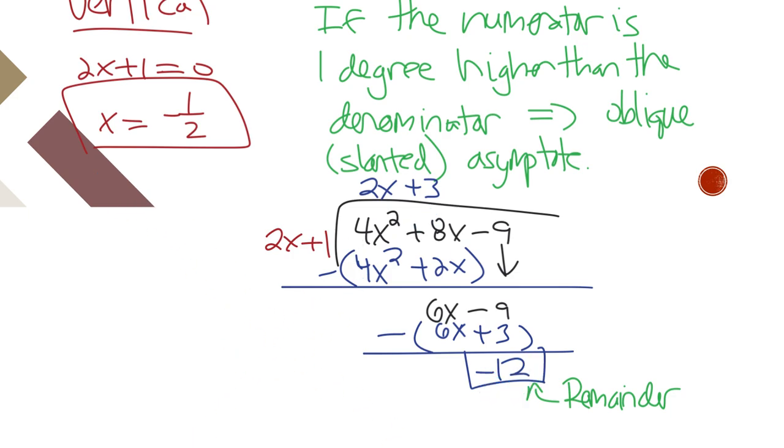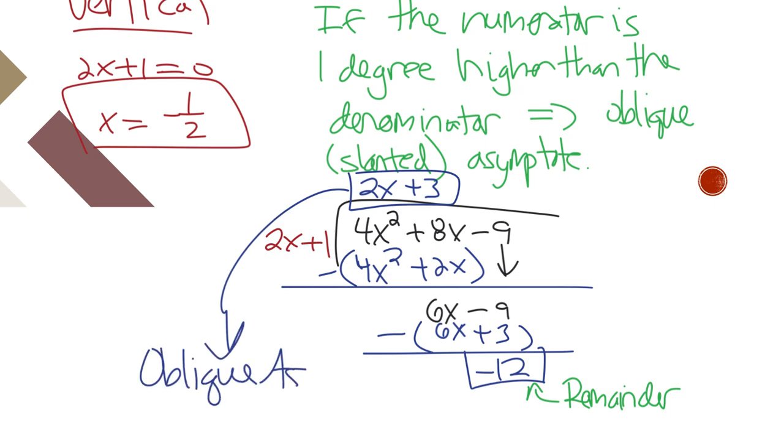So this negative 12 doesn't really matter, and we're only going to focus on the quotient. So what that quotient is, this oblique asymptote will be just y is equal to 2x plus 3.